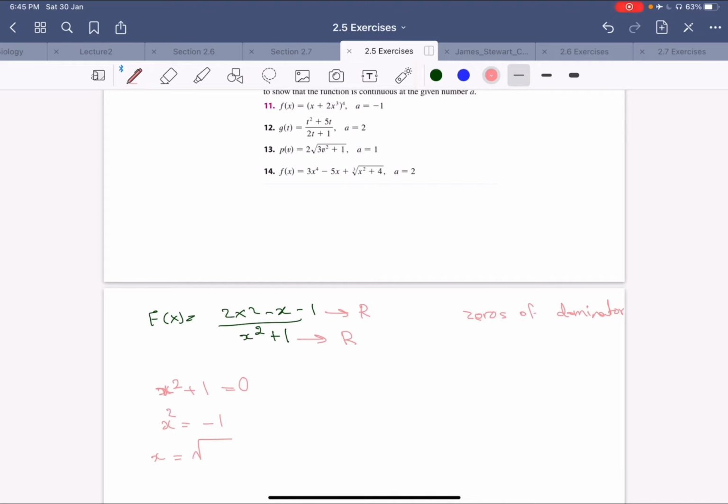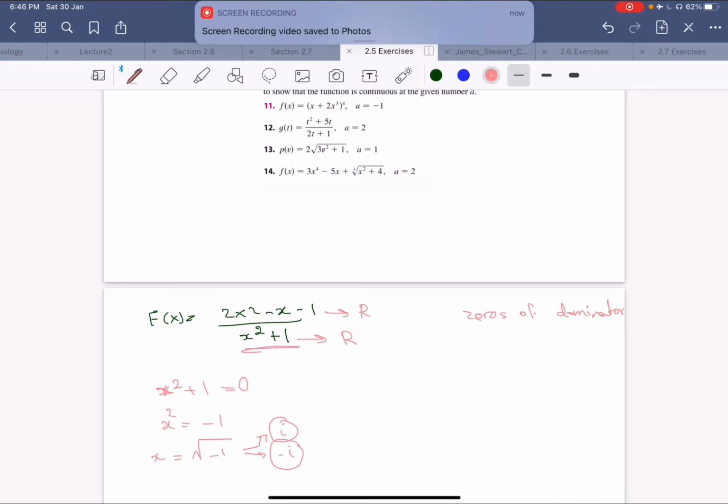The square root of negative 1 gives us two imaginary numbers, I and negative I. So they don't give us real number zeros.